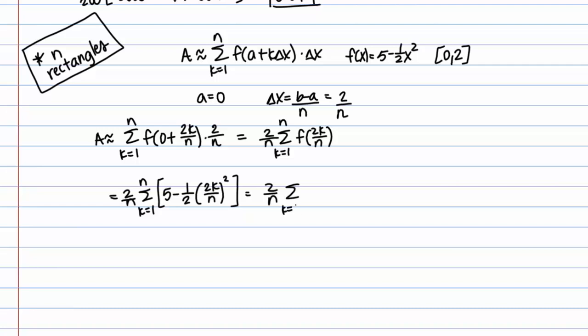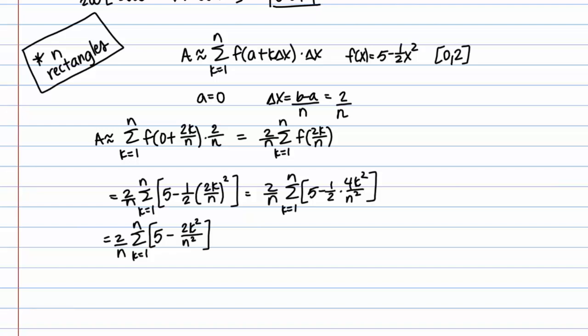Okay, so let's work that out. 5 minus 1/2, if I square that, I get 4k squared over n squared. Then I can simplify that a little bit: 5 minus, the 4 and the 2 are going to cancel, and I get 2k squared over n squared.